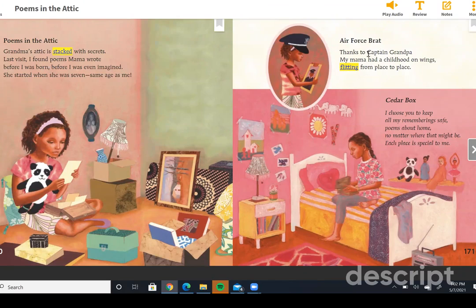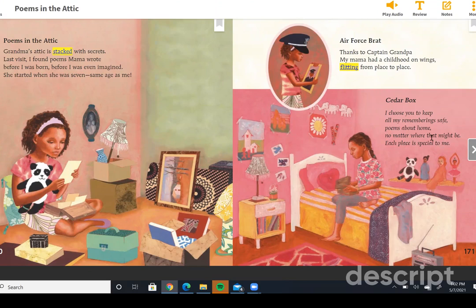Thanks to Captain Grandpa, my mama had a childhood on wings, flitting from place to place. Cedar box. I choose to keep all my rememberings safe. Poems about home, no matter where that might be. Each place is special to me.